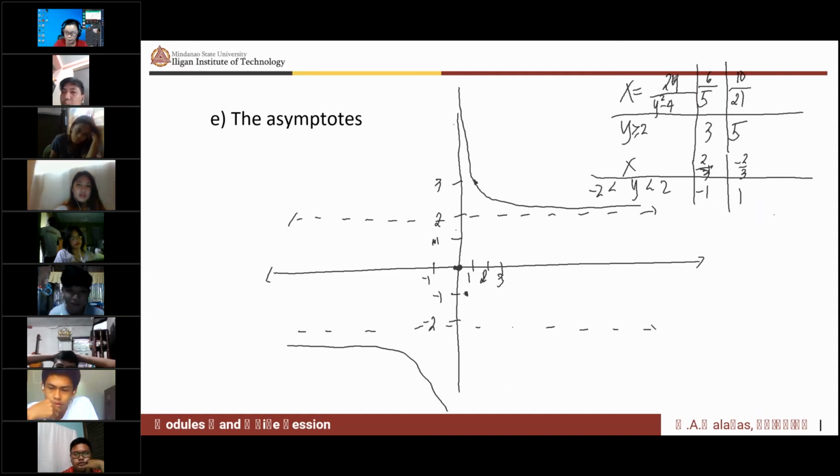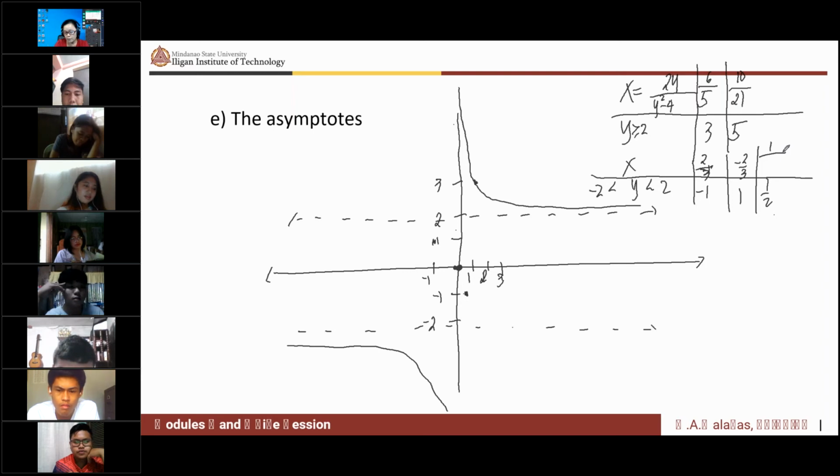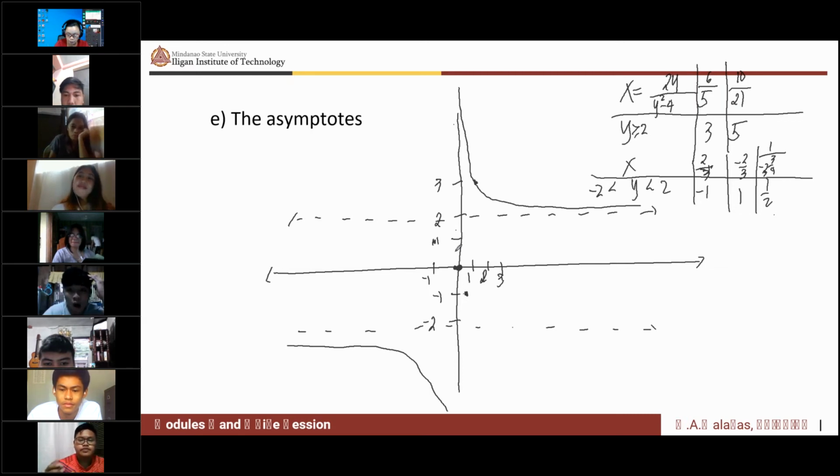You get 2 times 1/2, that's 1, over 1/4 minus 4, that's -3 and 3/4, which is -15 over 4, so x is 4 over something.